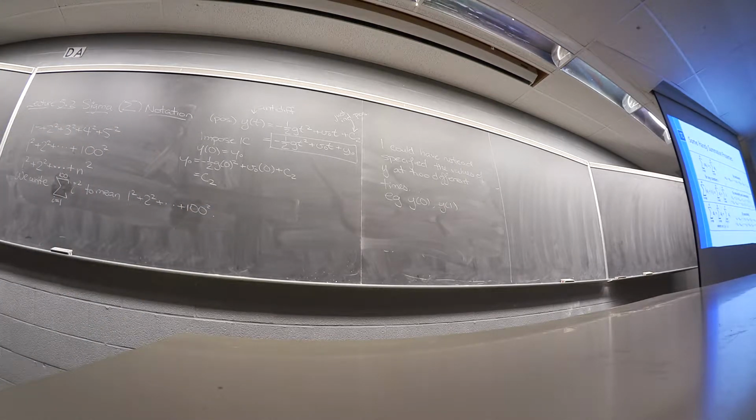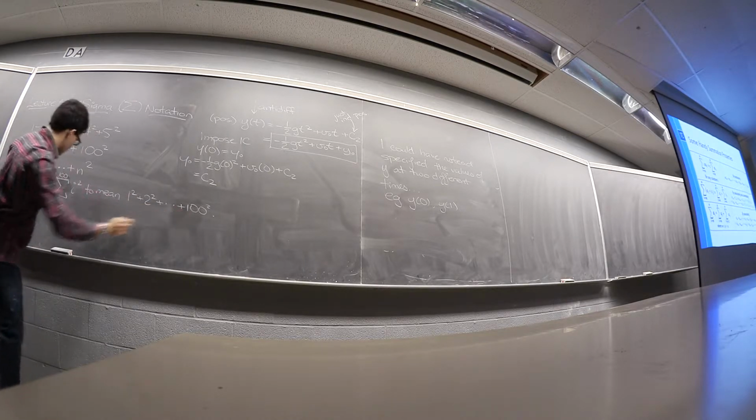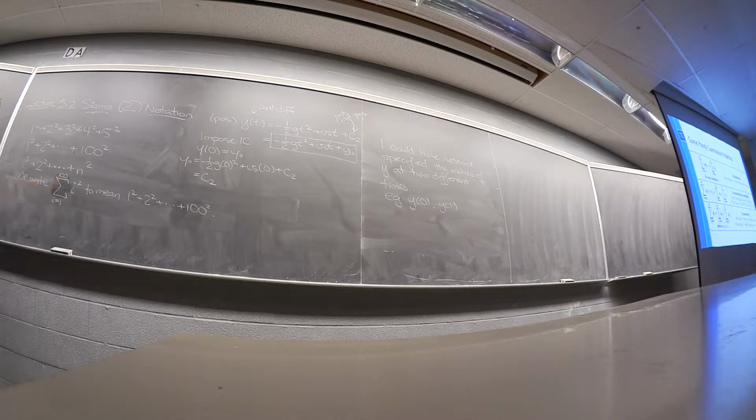So instead of writing that weird thing, we write this precise, concise thing. We're saying each term looks like i squared, and we're saying the value of i climbs from 1 all the way up to 100. From 1 to 100. That symbol is called sigma. It's the Greek capital letter S, S for sum.